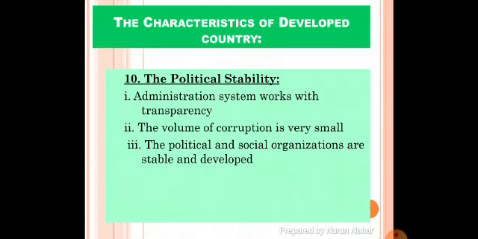The volume of corruption is very small. It is so small that people all over the country get their rights and benefits. The political and social organizations are also stable and developed. That's why in a developed country, economic hamperedness and other sorts of problems are also stopped.